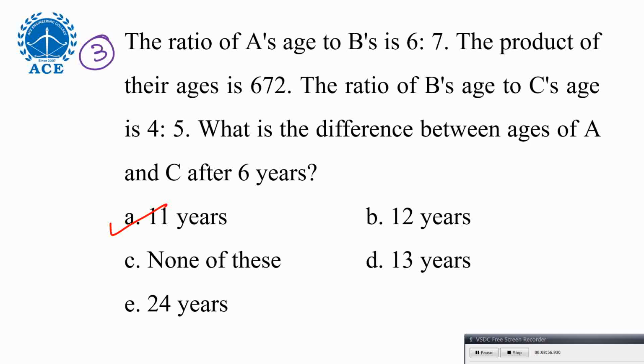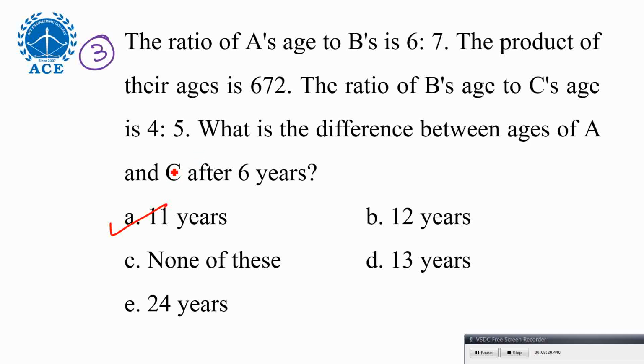Listen, that "after 6 years" is common for both, unless they give a question like, what is the difference of present age of A and C age after 6 years? If they give it like that, then A present, C after 6 years you have to take. Otherwise, that "after 6 years" is common for both A and C. Understand the point.